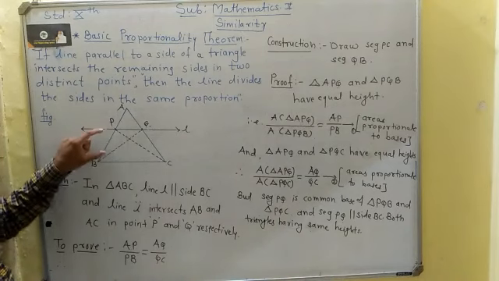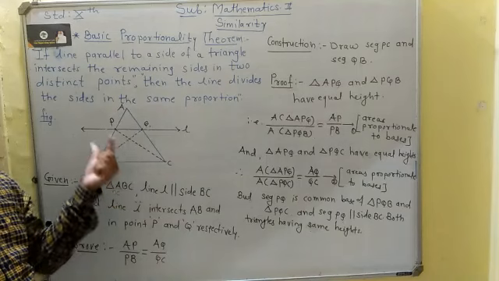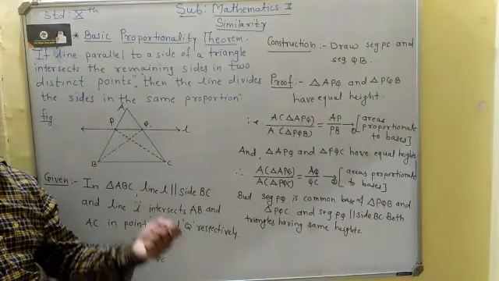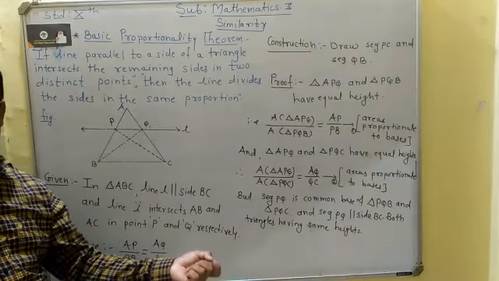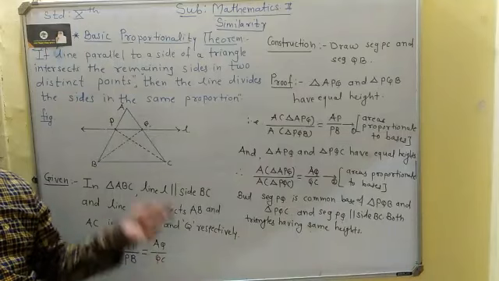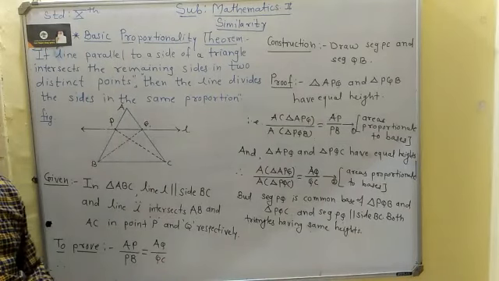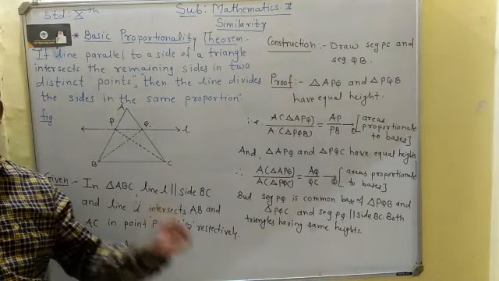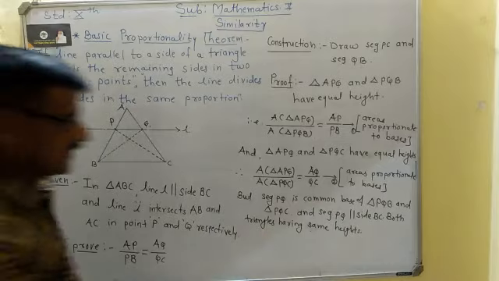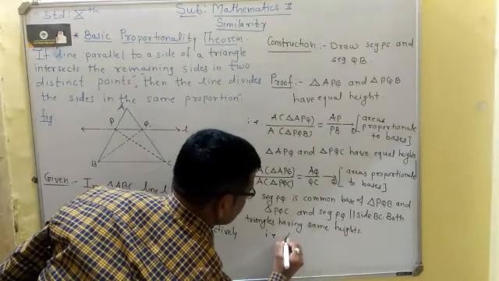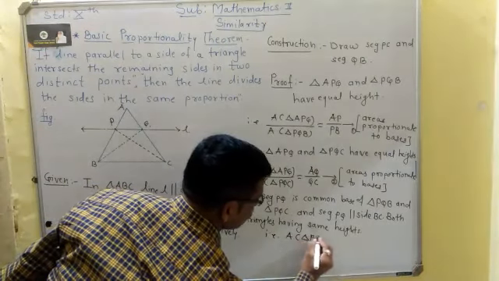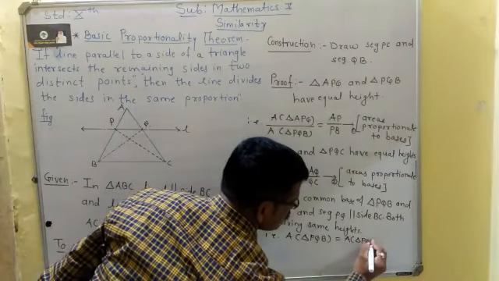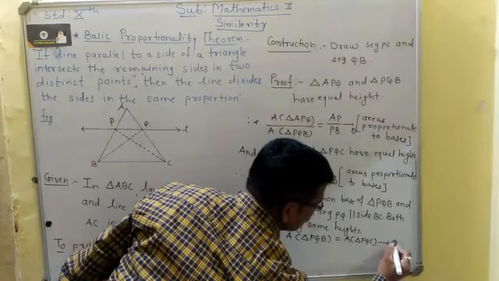The ratio of areas of triangles with equal heights and a common base is equal to 1, and hence both triangles are equal in area. That is, area of triangle PQB is equal to area of triangle PQC. Give this equation number third.